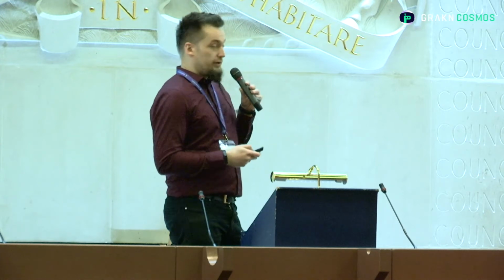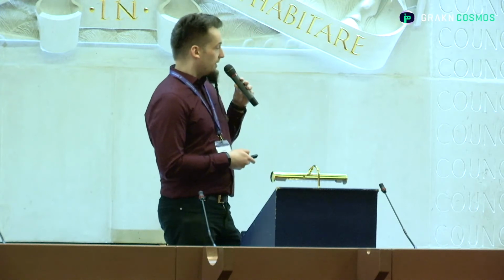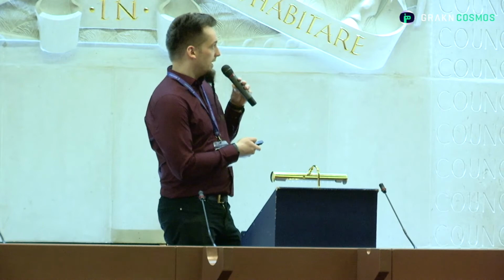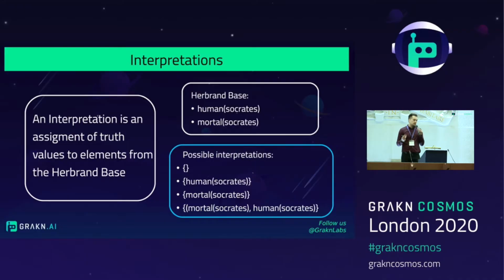Now that we know what a Herbrand base is, we can define the notion of an interpretation. An interpretation is simply a subset of our Herbrand base, with truth values assigned to our facts. For the simple Herbrand base we defined, we have two possible facts and two truth values. Therefore, we have four possible interpretations.